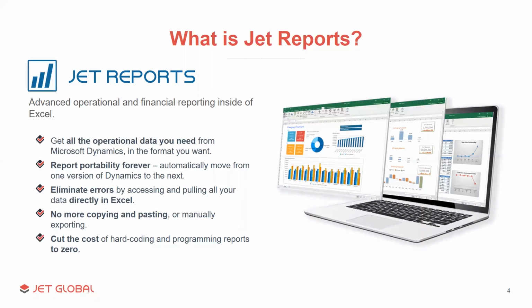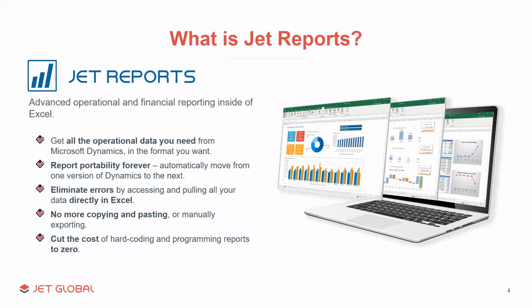We'll access your GL information, meaning it is a recommended solution for replacing Management Reporter, and it will also access all of your operational data as well: AP, AR, inventory, anything around HR or payroll. So it's a good replacement for SmartList as well.